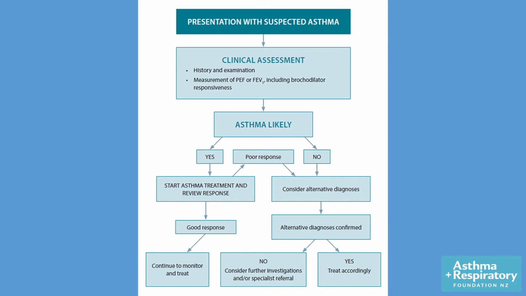And I think the other key point is that a therapeutic trial of asthma medication is a really important part of the diagnostic process. And if there's a poor or little response to standard asthma treatment, then in addition to doing other things like checking inhaler technique and compliance, there may be the need to consider alternative diagnoses.